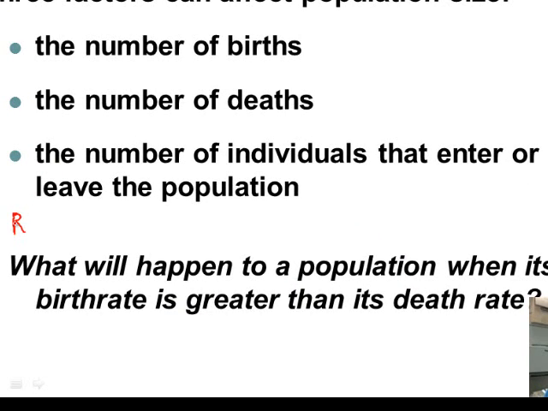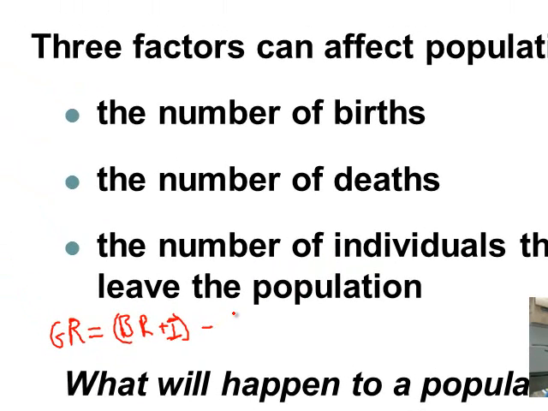But a real simple equation here, we could take growth rate equals our birth rate plus our immigration. So how many are added by births and how many are added by immigration, or moving into a population, minus our death rate plus emigration.